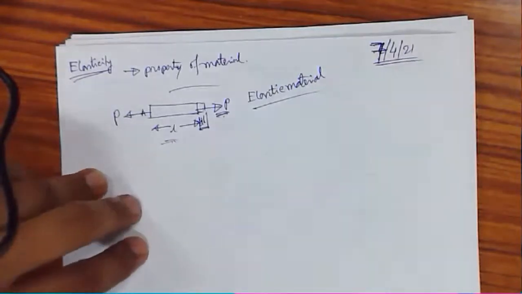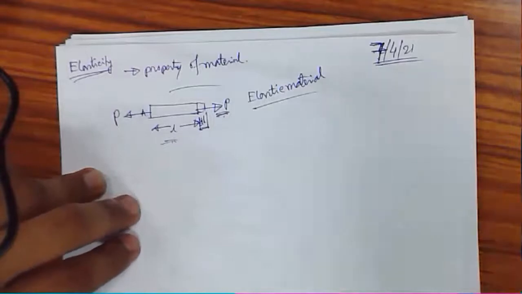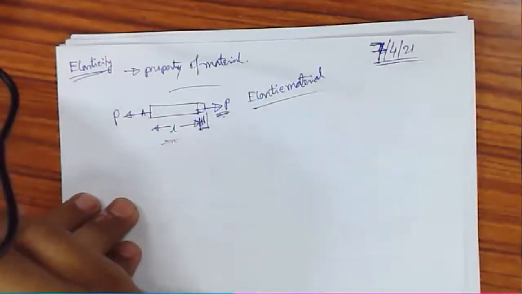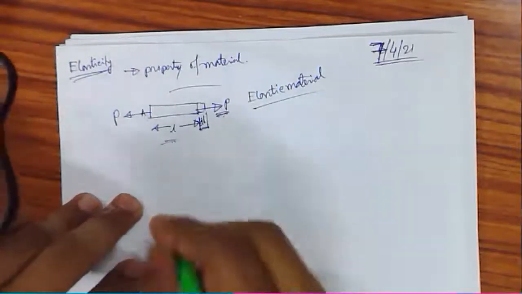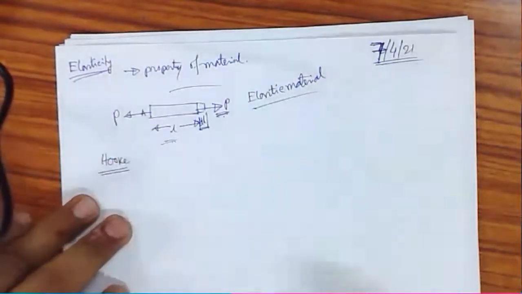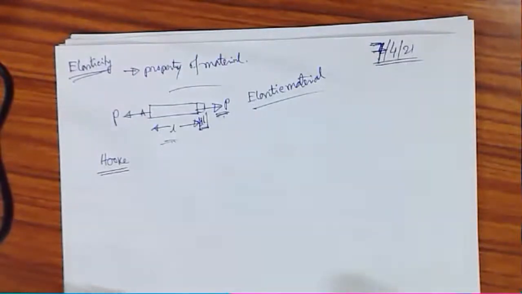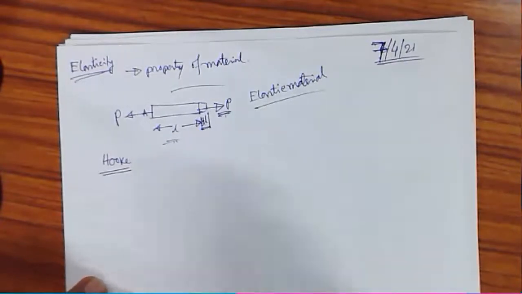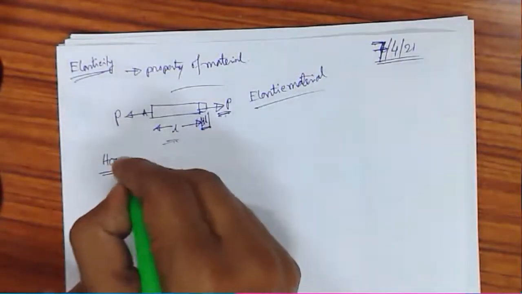Now, upon a different number of experiments, scientist Hooke, H-O-O-K-E, found out some phenomenon, and he said a statement which is called Hooke's law.